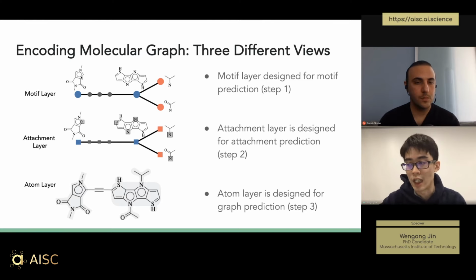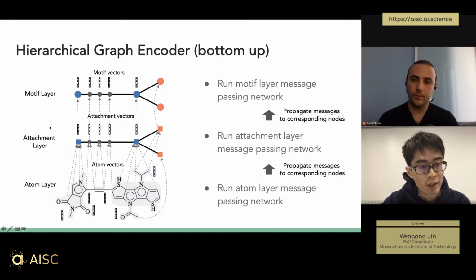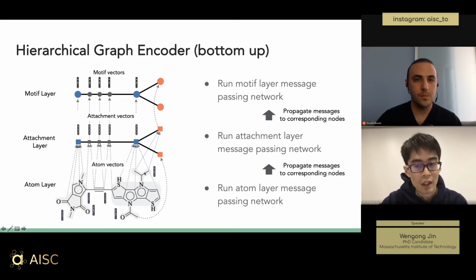To encode this hierarchical graph, we run message passing networks on each of the layers. For example, I will run a message passing network on the atom layer, a message passing network on the attachment layer, and a motif layer. In addition, while I'm running message passing on the attachment layer, I will also propagate the corresponding node vectors from the atom layer to this layer.